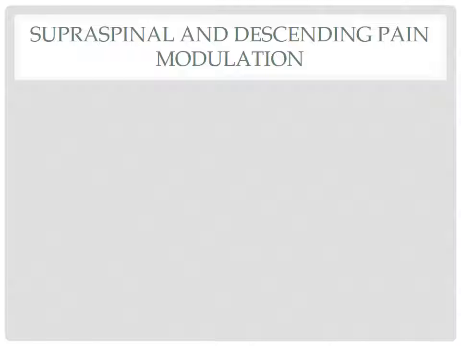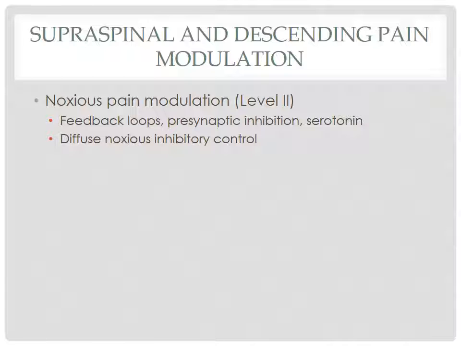So the first one we'll talk about is the noxious pain modulation. And noxious pain modulation is your level 2, and this has a greater focus on the descending mechanism for pain relief. There are also pictures in your textbook that illustrate how these work, and they give you a little picture example as to how the pain relief occurs.